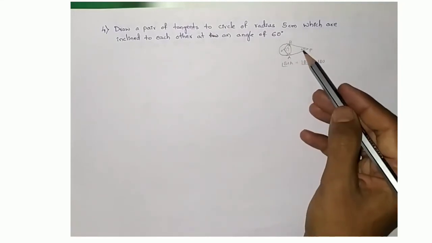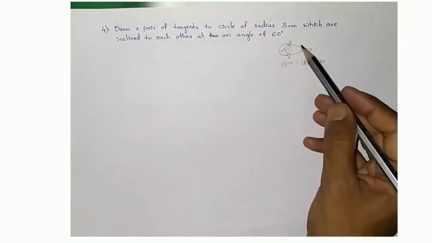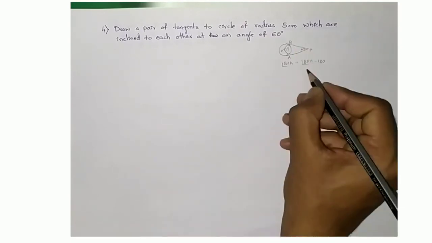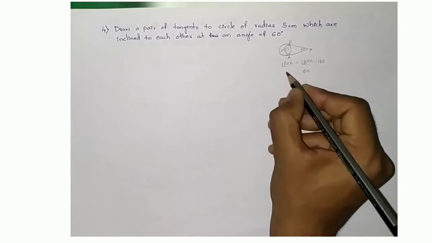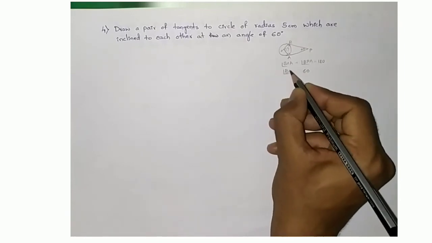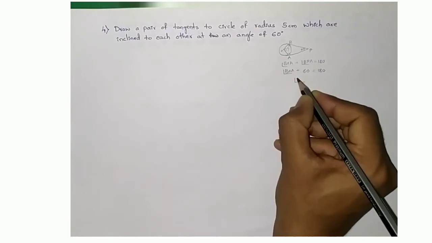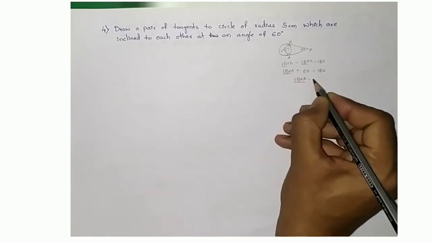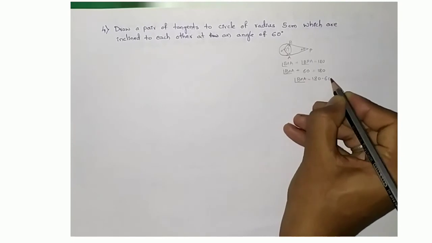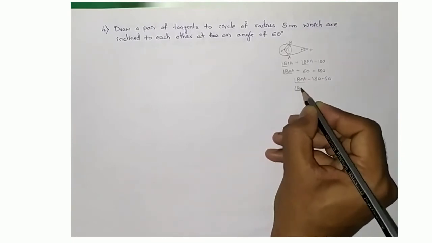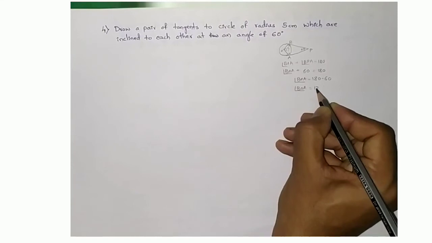Already they have given here 60 degree, which is the angle inclined by the tangent, that is BPA. So let's take it as 60 degree, and we don't know BOA. BOA equals 180 minus 60. So here we will get BOA equal to 120 degree.